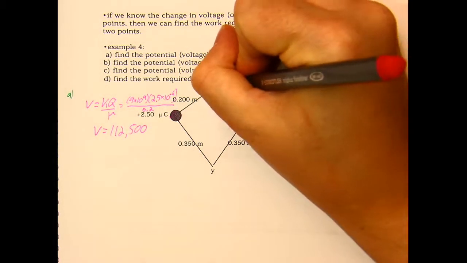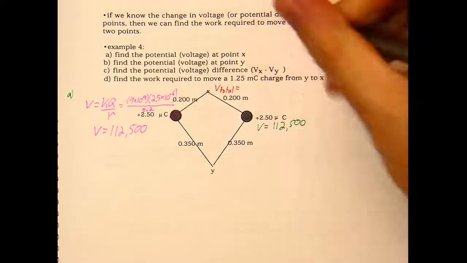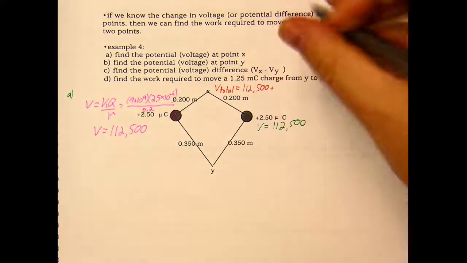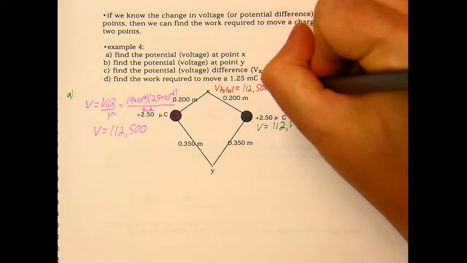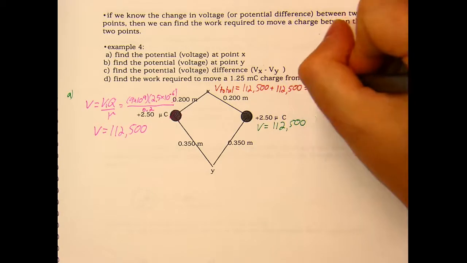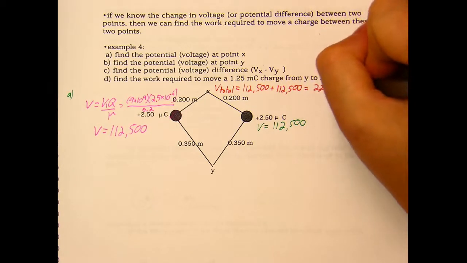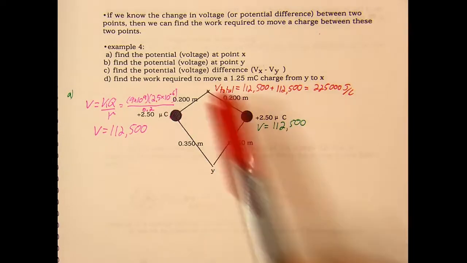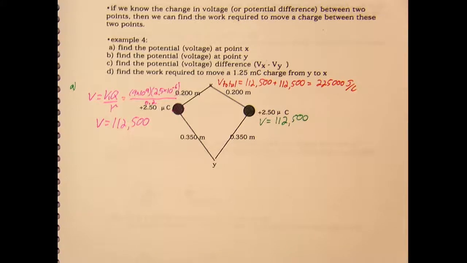So voltage total is going to equal 112,500 plus 112,500 equals 225,000 joules per coulomb of charge at point X.